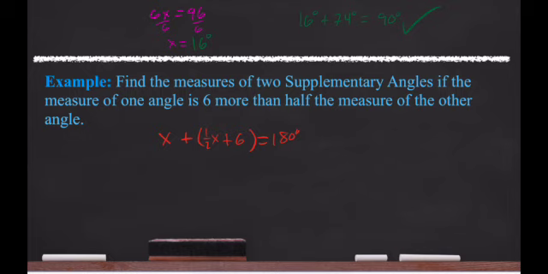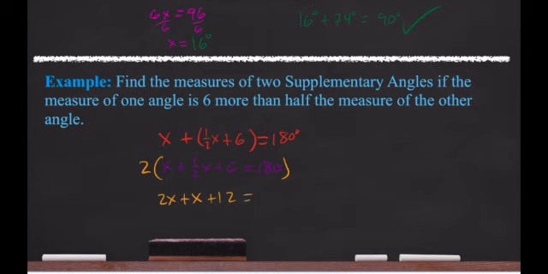Okay, well, let's use our algebra skills. So we have x plus half x plus 6 equals 180. Whenever we solve an equation, we like to have it simplified. We don't generally like to have fractions or decimals, so let's get rid of that fraction by multiplying by the denominator. Let's multiply everything by 2. So 2 times x is 2x. 2 times half is going to be 1, so this will be plus 1x. 2 times 6 is 12.